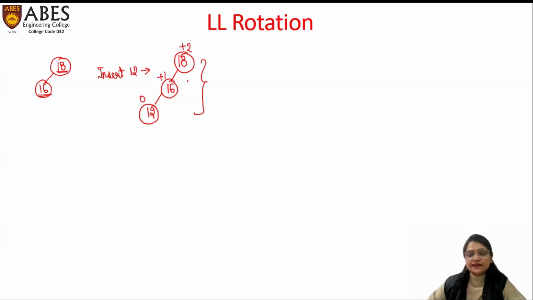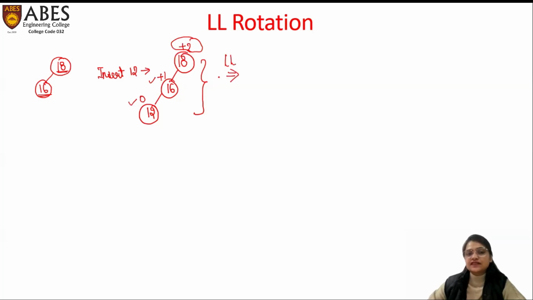Now I can notice this particular binary tree is balanced, but at this node it is not balanced, because this value is other than 0, +1 and -1. So this tree needs to be adjusted. This type of rotation is known as LL rotation.